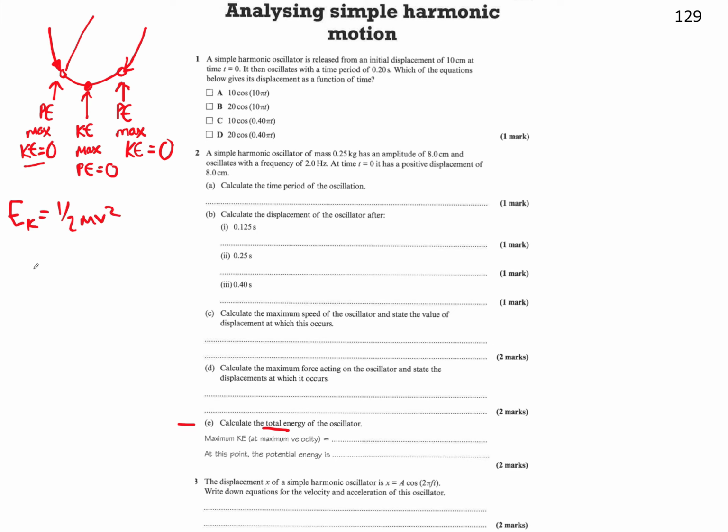Right, so we know what the mass is. We've been told the mass is 0.25. And then we need to know what the velocity is. Now, of course, we calculated the velocity in question C, and the answer came out as 1.01 meters per second.